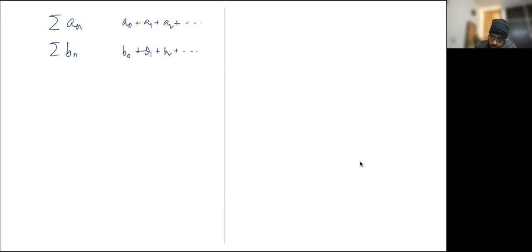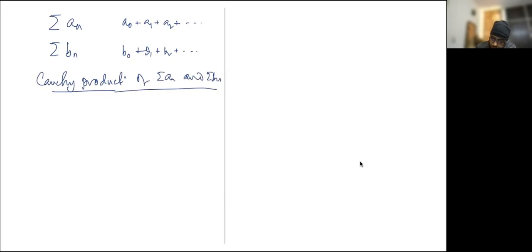Now the product of these two series, or you can say Cauchy product, is a series whose nth term is given by, so it's not term-wise product.